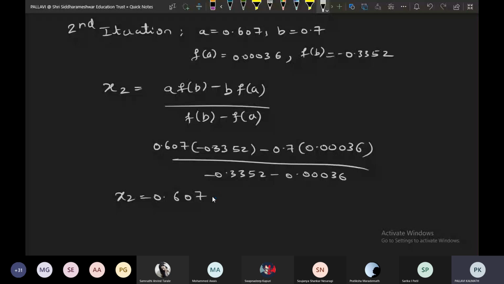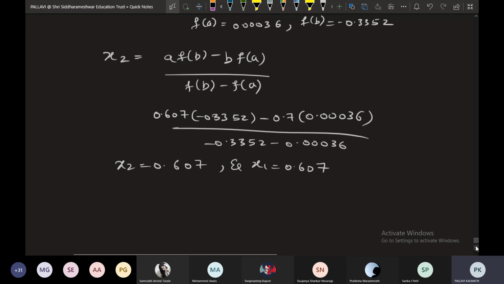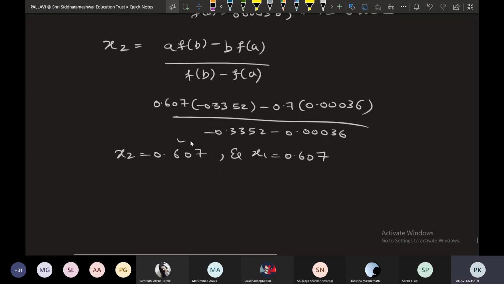Are they both same? x1 also 0.607. So both are correct up to how many decimal places? 1, 2, 3, 4. Yeah, 3 decimals. Okay.